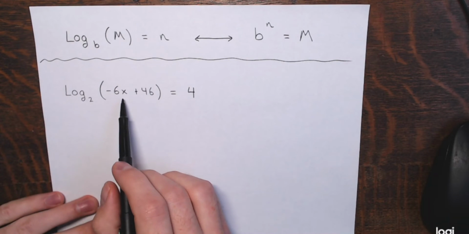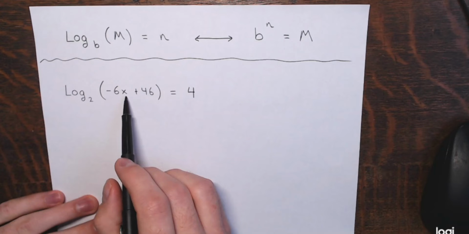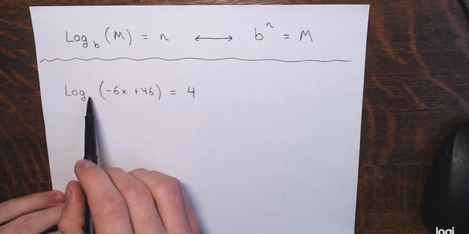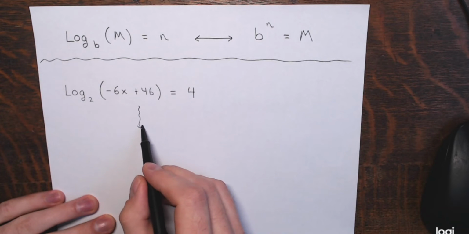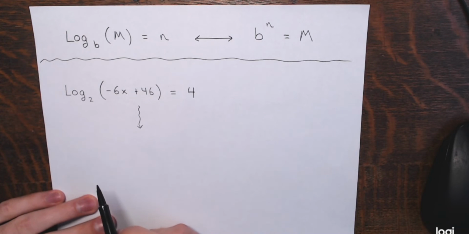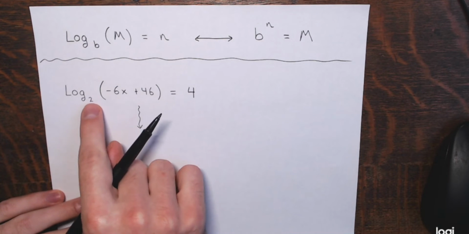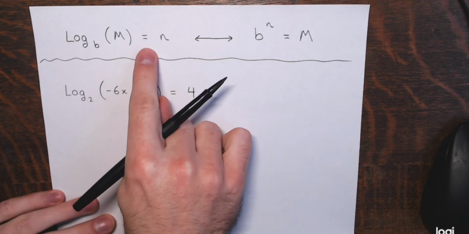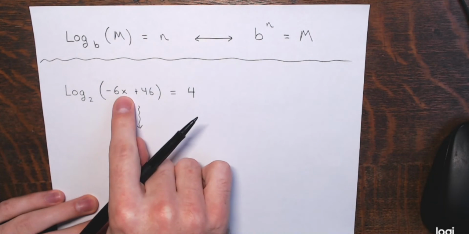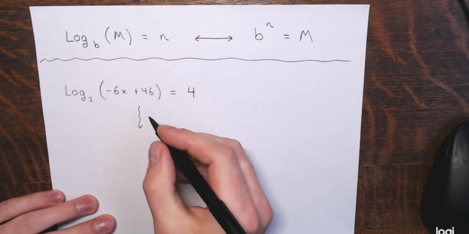Well, the variable I'm trying to solve for is inside a logarithm. I want to eventually rewrite this so that the variable is not inside a logarithm anymore. So that's where I have a logarithm equal to a number, just like in my logarithmic form up top here. In order to be able to get at that variable, I need to change to exponential form.